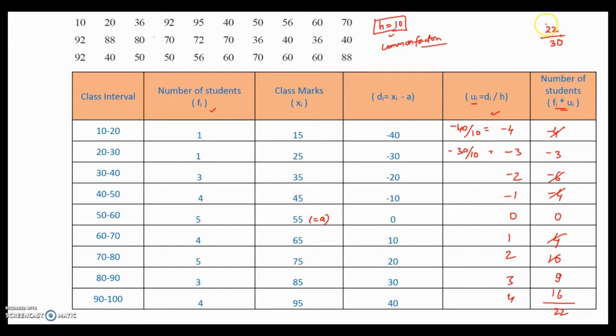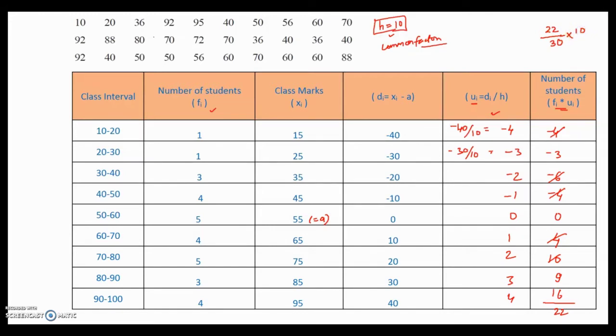Now with this mean, you have to multiply by the h which you had used to divide all these di's. You had divided all these di's by 10, so once you have got this value, you have to multiply by 10.